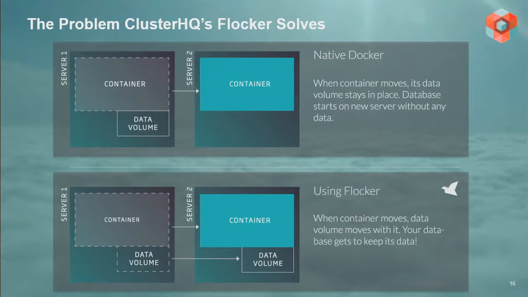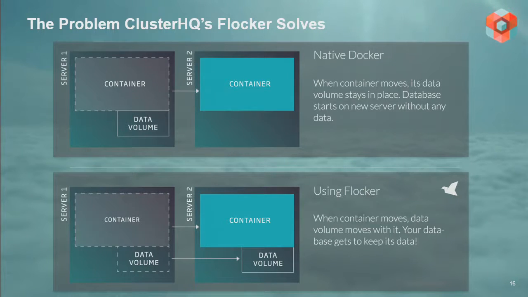So if you have a virtual machine that has multiple containers on it, and each of those containers has a Docker volume, then as soon as you try and move that container from one machine to another, the data gets left behind. So in this diagram, the data volume is literally just a directory on the host. And if you try and start that container on a different machine or a different VM, then the data isn't there. So your database starts up and it's empty, and then everyone is sad.